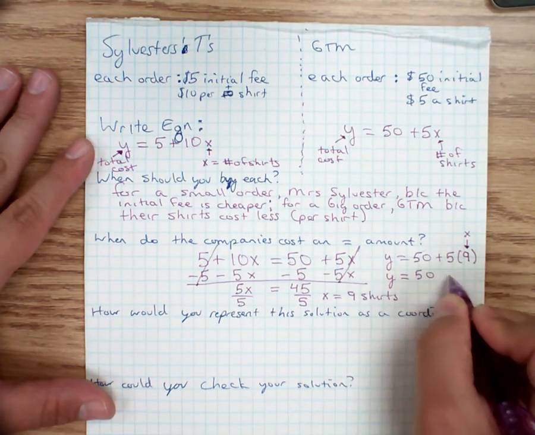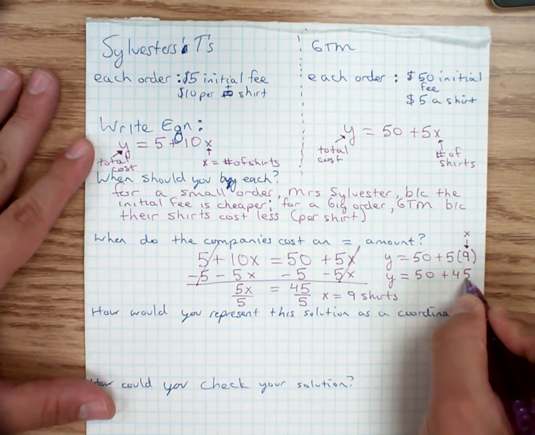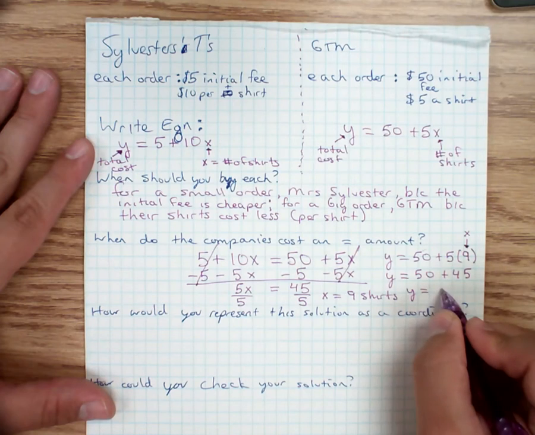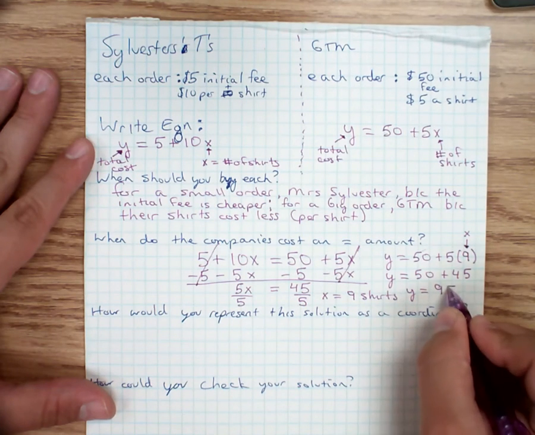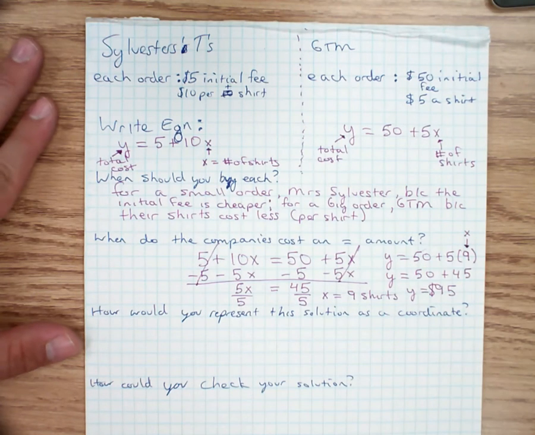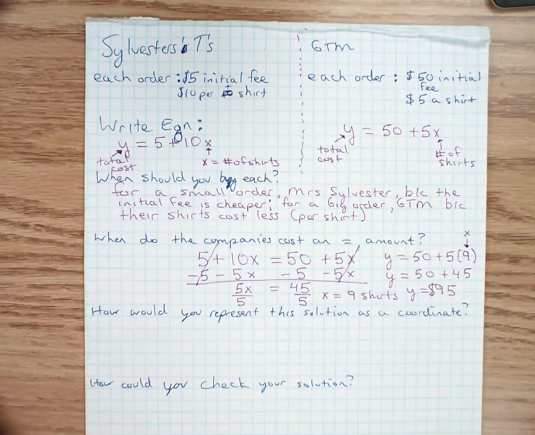So I have 50 plus 45. And so the cost is $95. Okay, so how would you represent this solution as a coordinate?